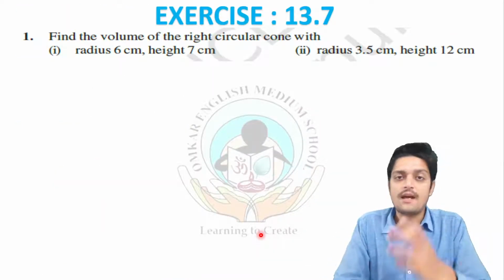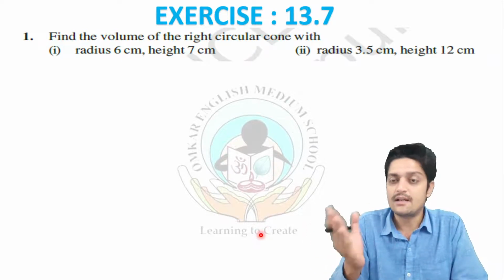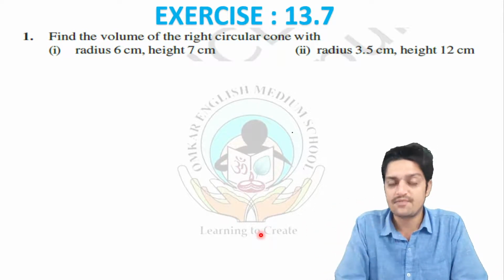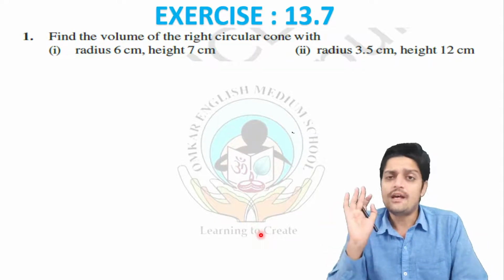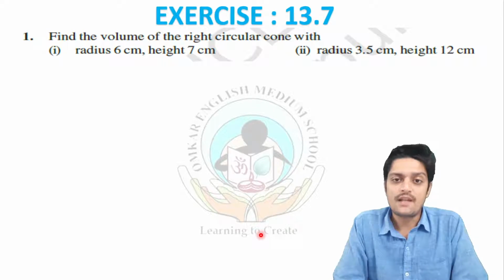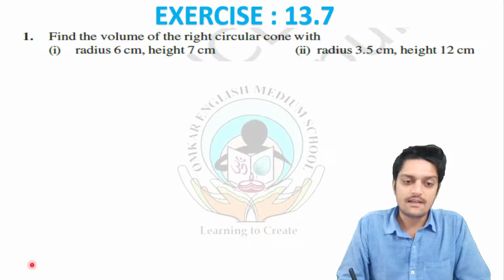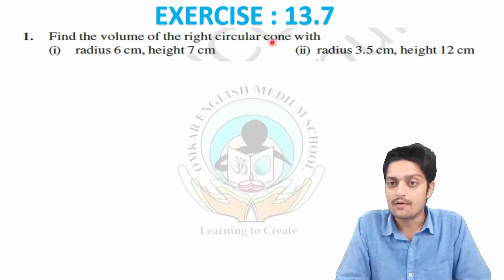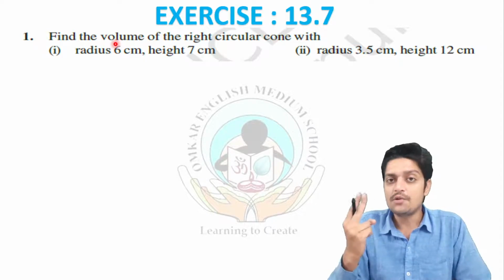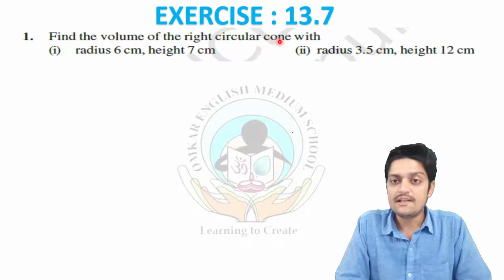Now we are going to start the first question of the 13.7th exercise. Only this formula we have to use. When they ask you for the volume of a right circular cone, these are two keywords: the first keyword is volume and the second keyword is cone.